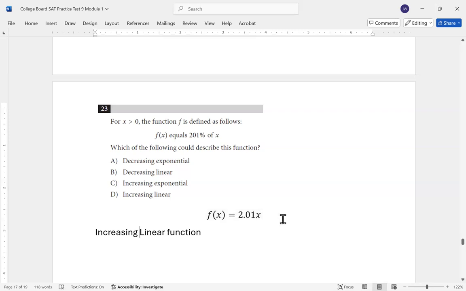So this is an increasing linear function, and that's all it's asking us for. So the answer to question 23 is D. Increasing linear.